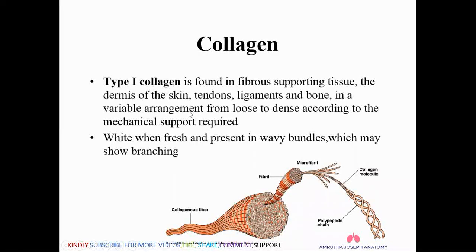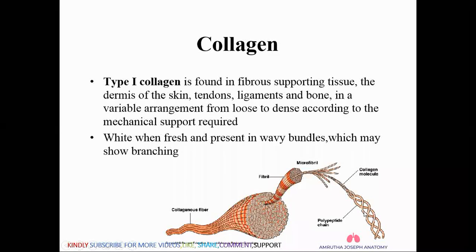So the arrangement differs, but the fibers that you can see in these areas are type 1 collagen fibers. The collagen fibers are wavy in appearance, they are in bundles and show a branching pattern. One collagen fiber can branch with another collagen fiber. So the branching property is seen here.